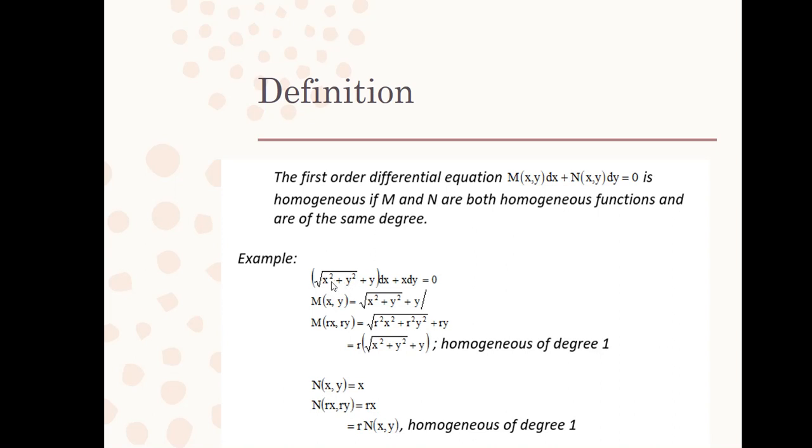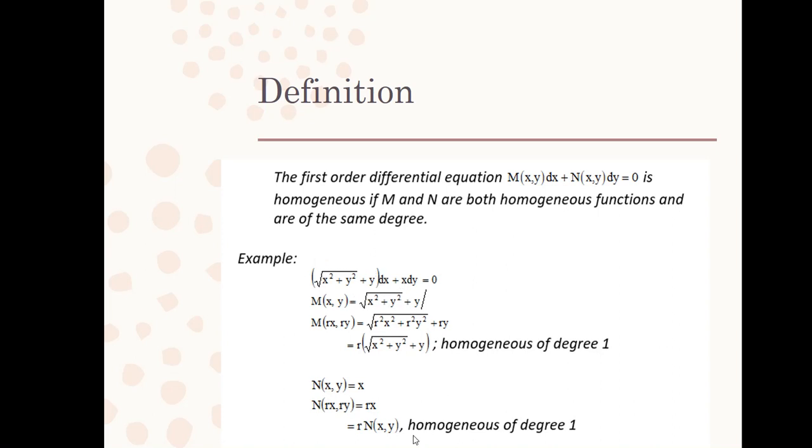If you take half of the exponents 2 in the two variables, that would be 1. So we say that the degree of this term and the second term are the same. So we conclude that our DE is homogeneous of degree 1 because your M is of degree 1 and your N is of degree 1.